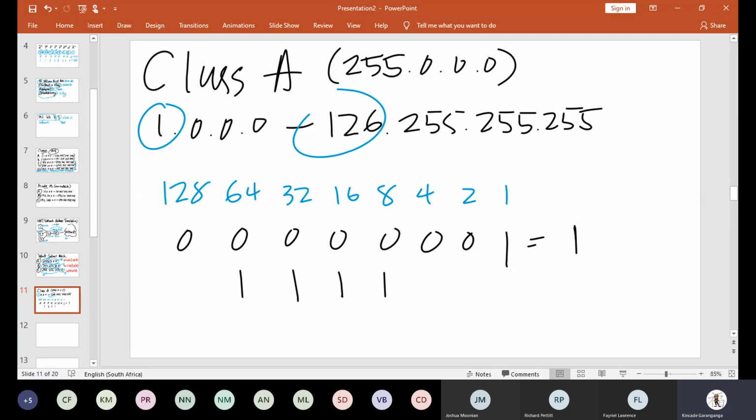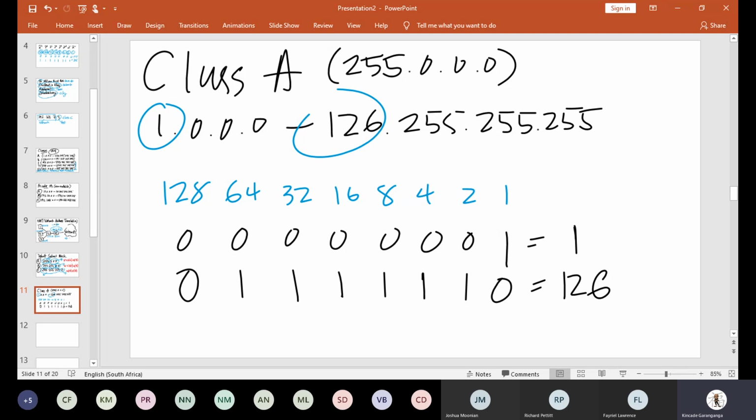Subtract 8 from 14, we get 6. What's the closest number to 6? We've got a 4. We subtract 4 from 6, we get 2. The closest number to 2, we actually have a 2, and then we've got the representation, which means that portion is a 0, that portion is a 0, and that equates to 126 in binary using our 8 bits.